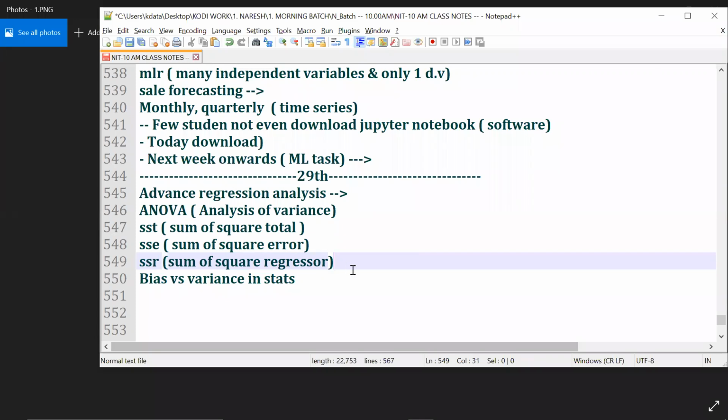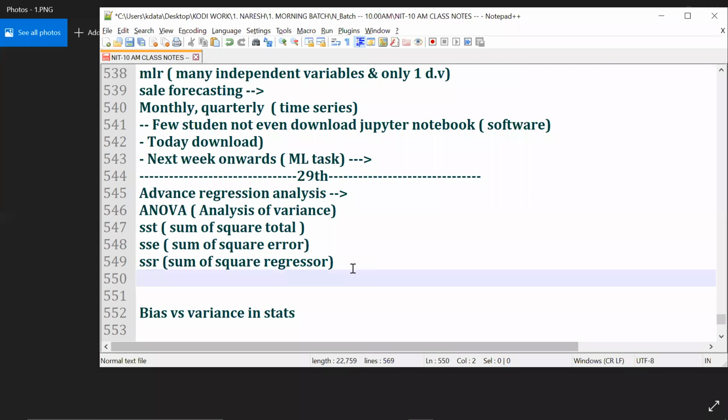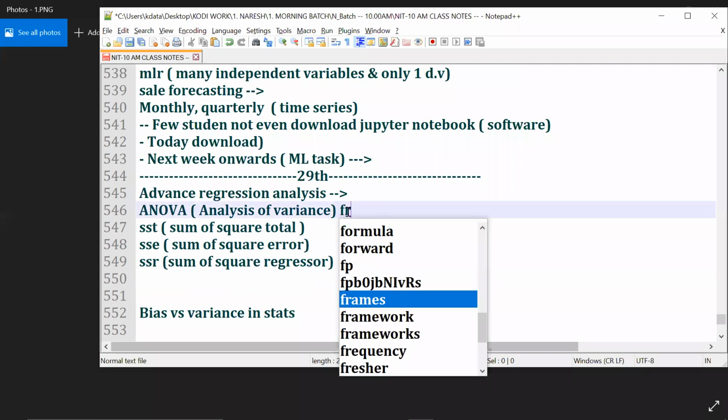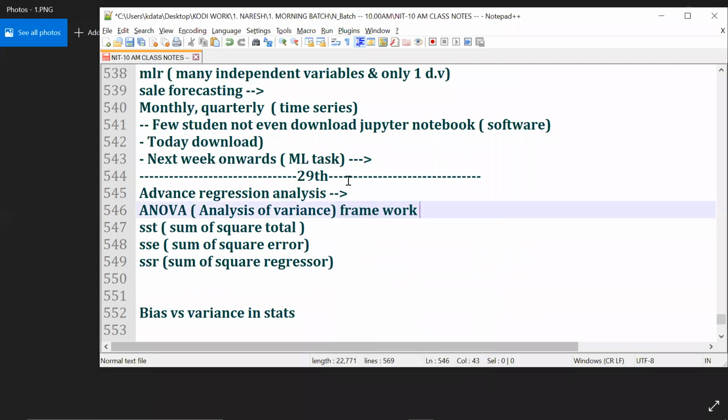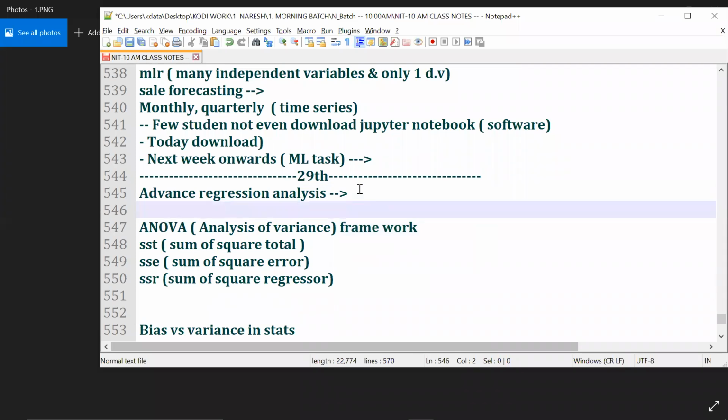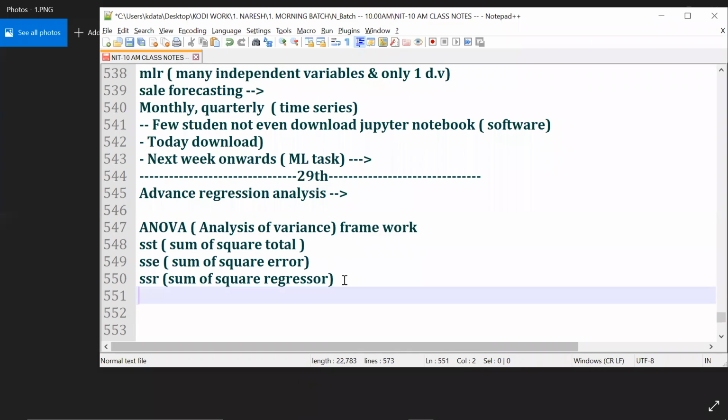So where do we see all these things? This table is called the ANOVA framework. Understand? What is meant by this, guys? Online team, are you with me or not? Let's assume in the data set I have 50 data points, meaning 50 rows.